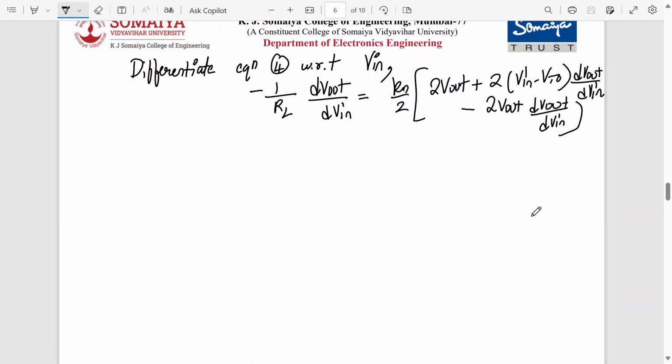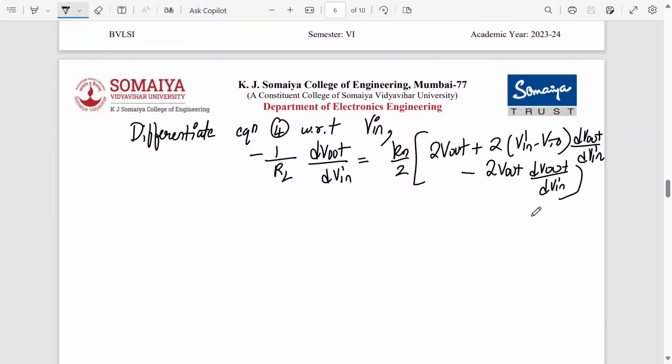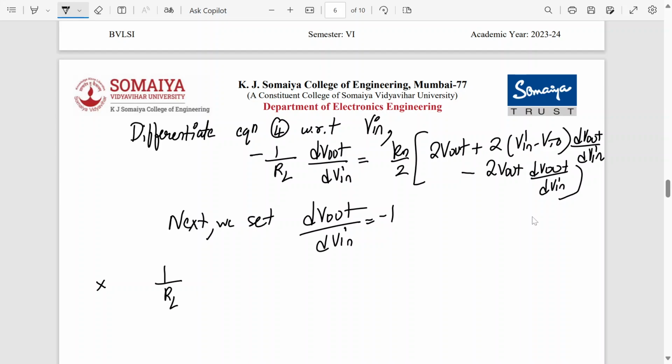So now next we set dV out by dV in equal to -1 in the above expression. So what do we get? Here -1 upon RL into -1 will become 1 upon RL. Here on the right hand side, 2 is there inside, so this 2 will get cancelled out.